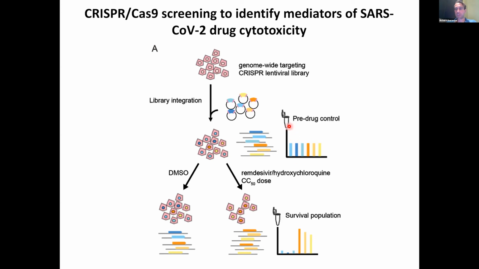So we can use next generation sequencing, which is basically high throughput Sanger sequencing, to figure out how many times each guide RNA or each particular spacer sequence shows up in your pool of cells, to see which spacer sequences show up more often or less often upon dosing of a drug.